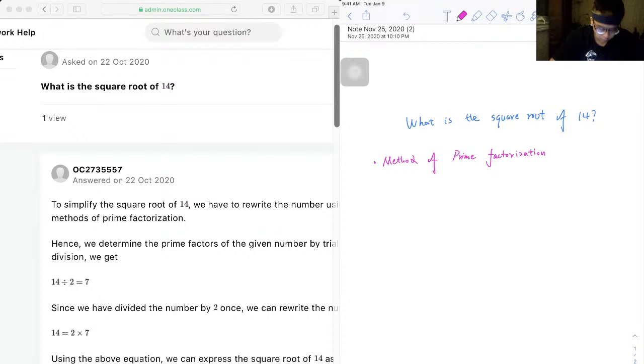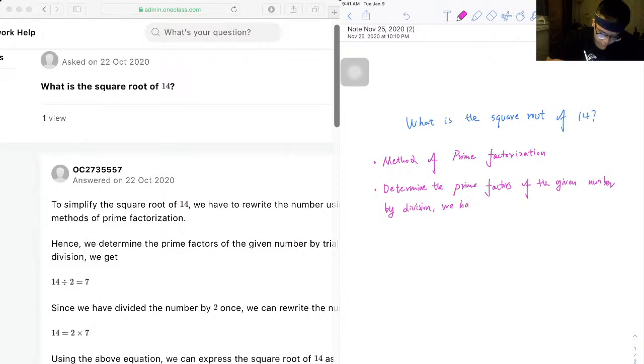So let's write it down here: determine the prime factors of the given number by division.